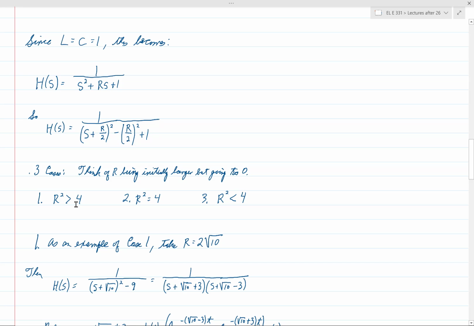If R squared is greater than 4, like I said, we're thinking of R as initially being somewhat larger, but then going to 0. So I'm going to initially think that R squared is greater than 4. Then I'll look at R squared equals 4, and then I'll look at what happens if R squared is less than 4.